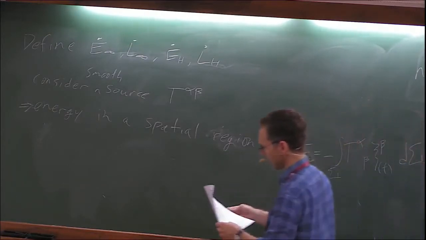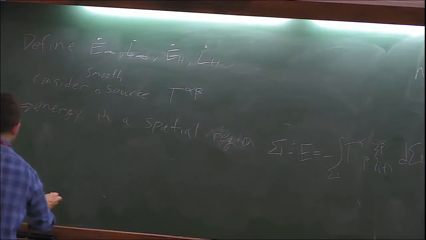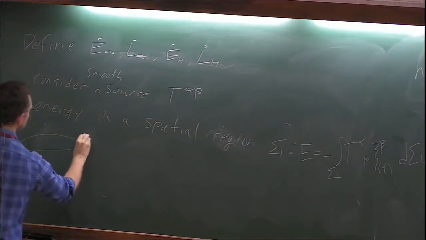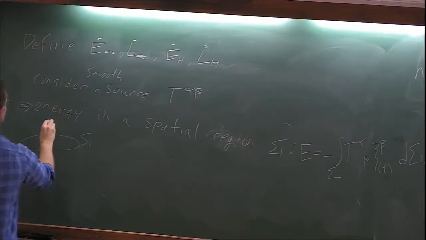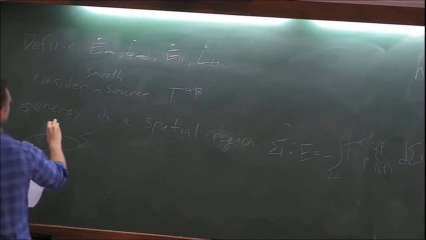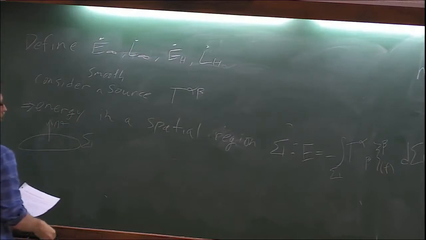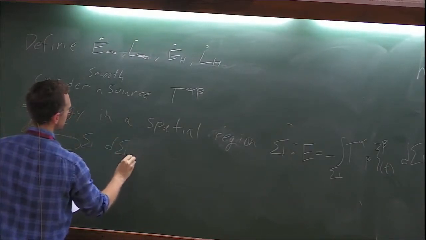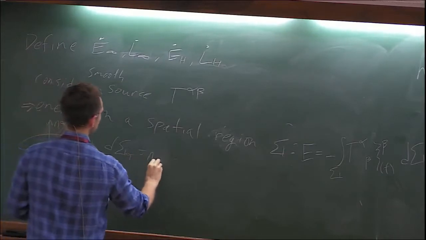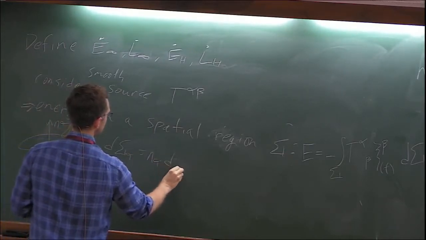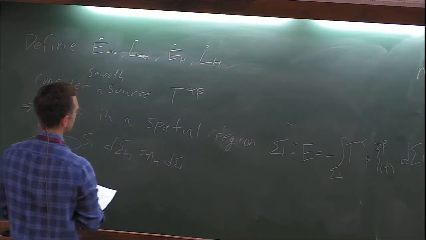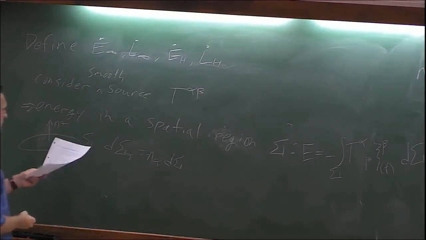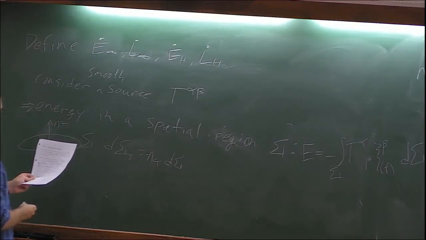So this is a future directed surface element. So let's draw the surface we've got here. This is sigma. And we have a future directed surface element and alpha. And basically, d sigma alpha is n alpha d sigma, I think with a minus sign. Yes, with a minus sign.